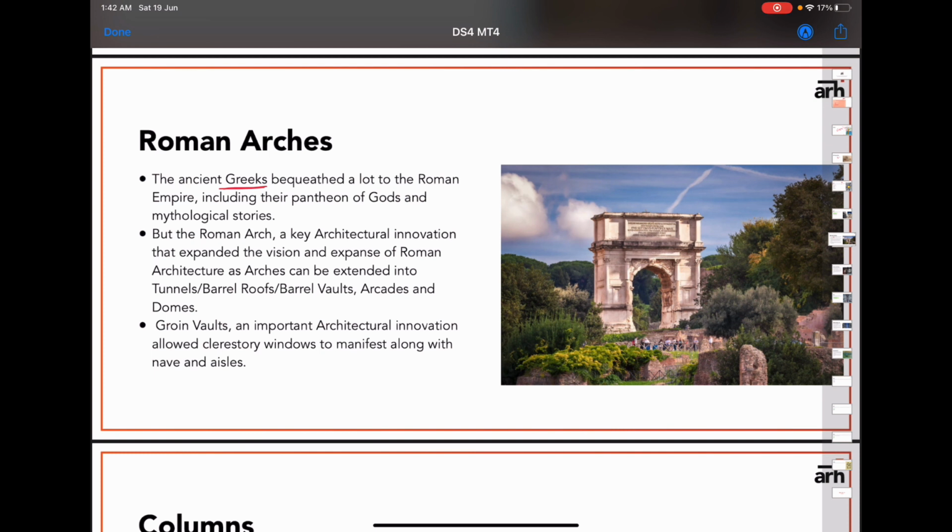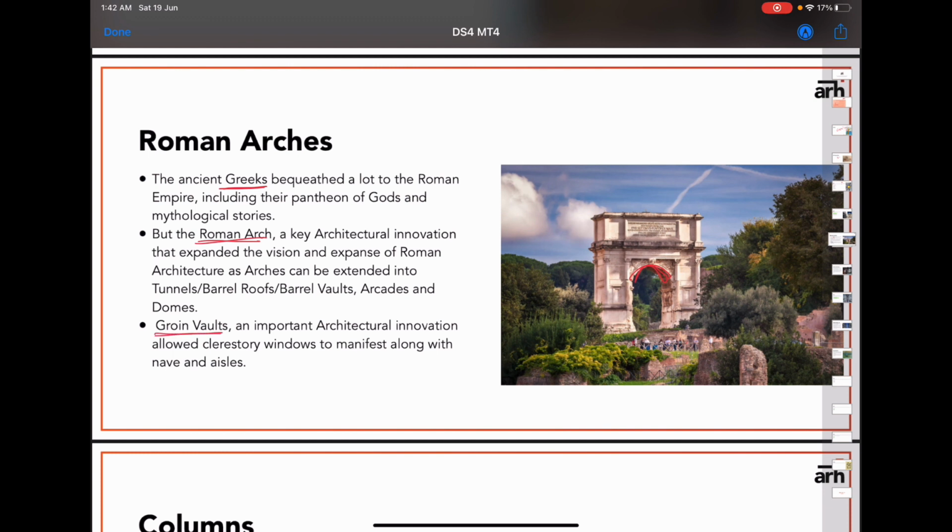But there is one thing that Romans can have the full credit for, that is the Roman arch, the semicircular arch, and that really gave the wings to Roman architecture, and it expanded the vision that Roman architects had. An arch can be extended into tunnels, barrel roofs, barrel vaults; a lot of different architectural elements were born because of Roman arches.